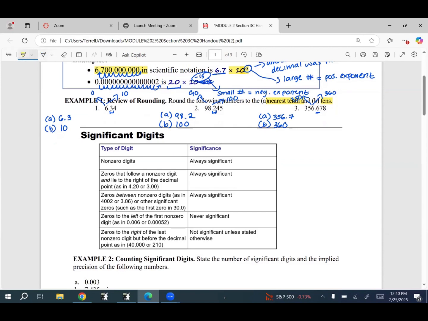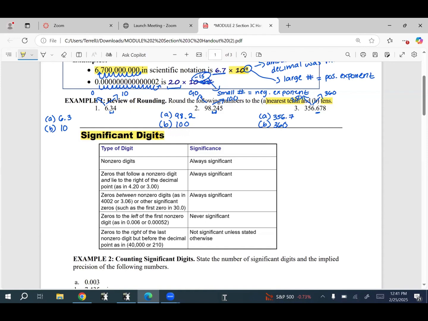We're introduced to another type of rounding format, which is called significant digits. And if you just peruse this table below, there's a lot of rules involved with determining how many significant digits a number has. A lot of it has to do with zeros and where they're placed in the number.